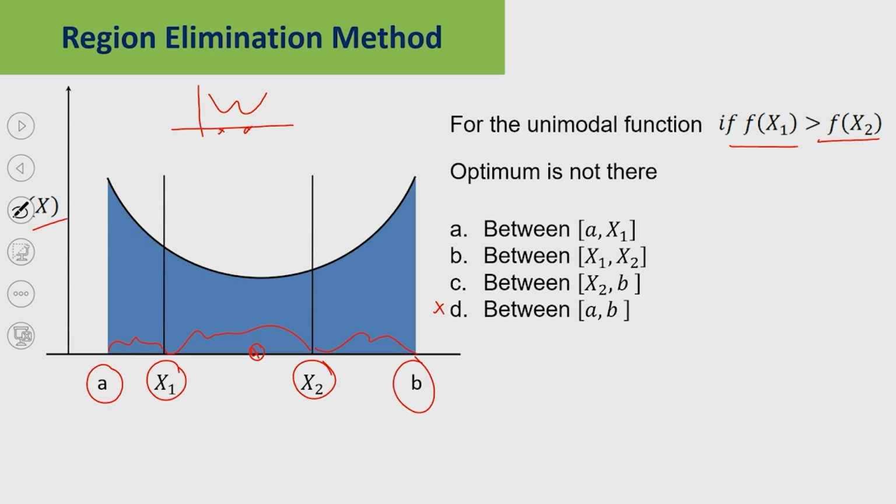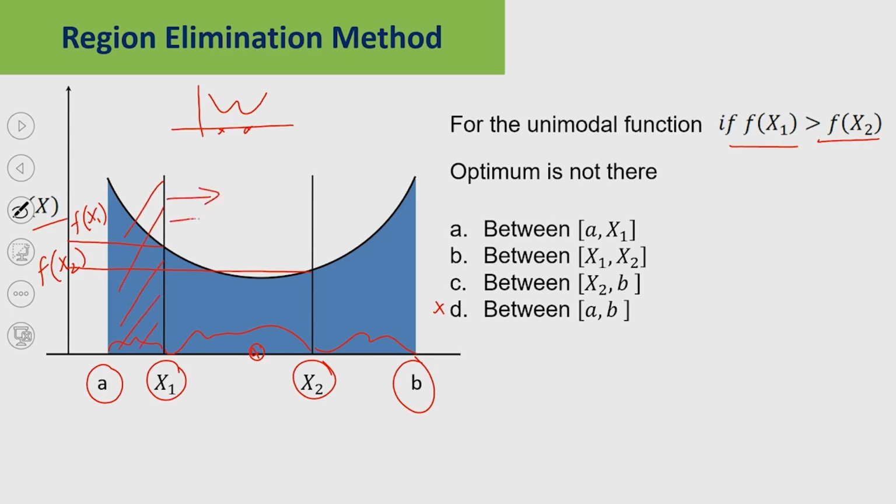Now, this is a unimodal function, and this point is f(x1) and this point is f(x2). As f(x1) is greater than f(x2), that means optima is not there in this particular region.